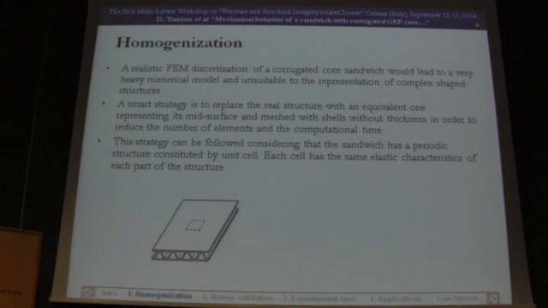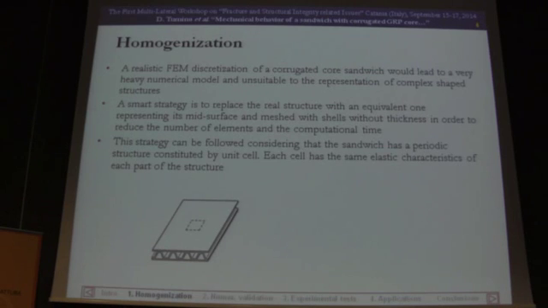So if you want to model a structure like this to mimic with a realistic finite element model this structure, it would be very tough to model each part of the sandwich, especially for a complex shape.